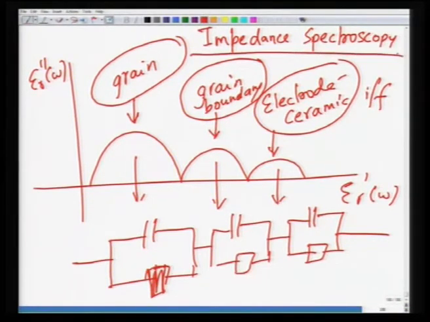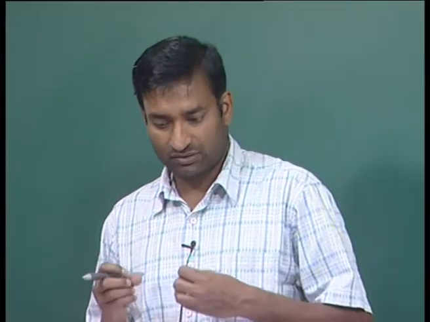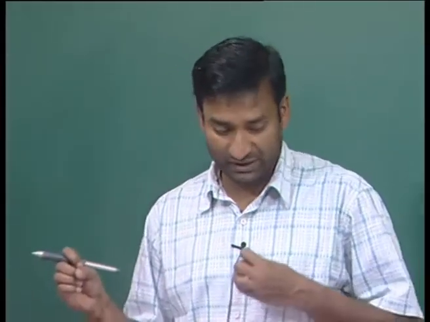It is a tool to characterize dielectric materials nicely, to understand their behavior under an alternating field, and to extract the contributions to the dielectric constant from various segments individually. It is a very powerful and detailed technique, and we cannot unfortunately go into it in this course. All I wanted to say is that if you plot the real and imaginary parts of the dielectric constant, extracted from the impedance data, you get these semicircles, which can be effectively used to characterize the dielectric material.